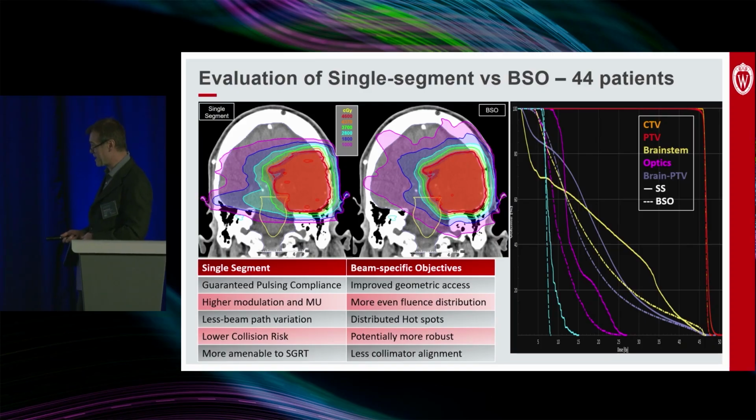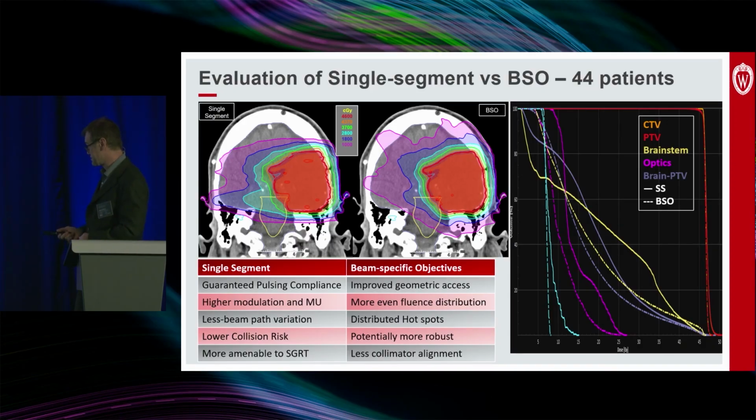So this is what you'd expect with the improved geometric access from the vertex beams. You end up with a more even fluence distribution. If you look at the CTV DVH here and the PTV DVH, I wouldn't say that it's remarkably so, but it's enough to be statistically significant.